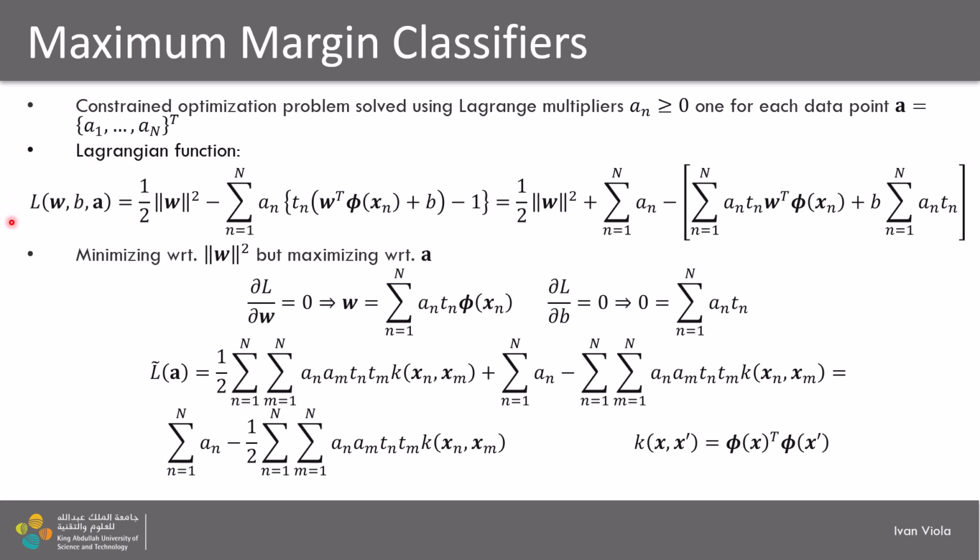So we can formulate the Lagrangian, where we have the weights, the bias, and the Lagrangian multipliers. Here we want to optimize for having weights as small as possible, so this is a minimization, by observing the square of the weights vector.